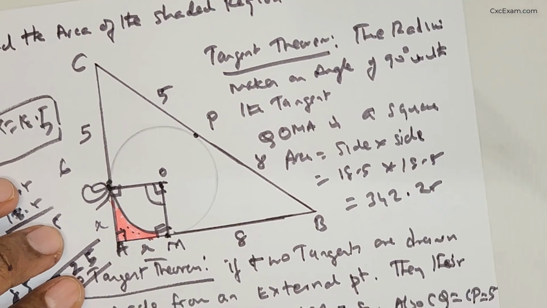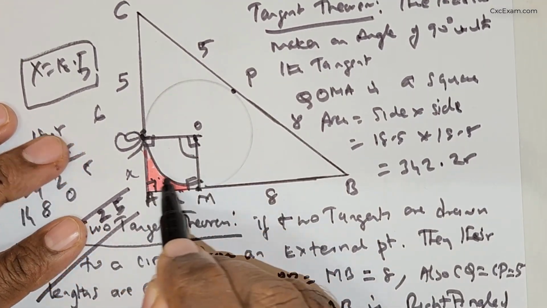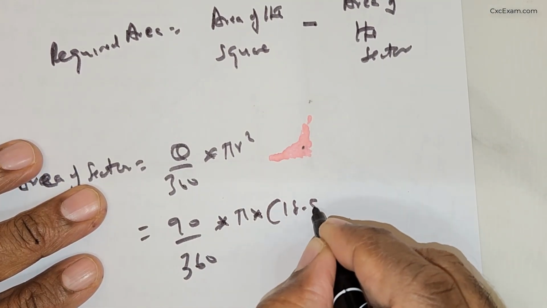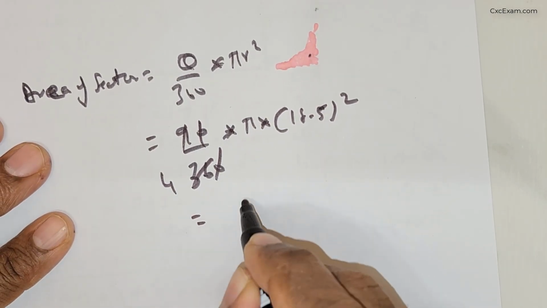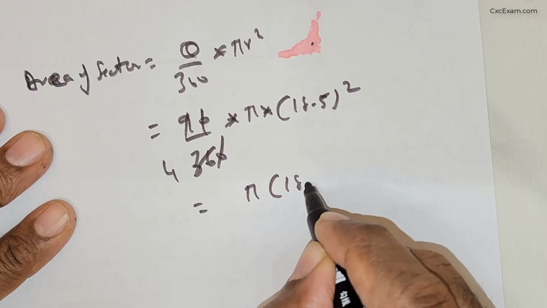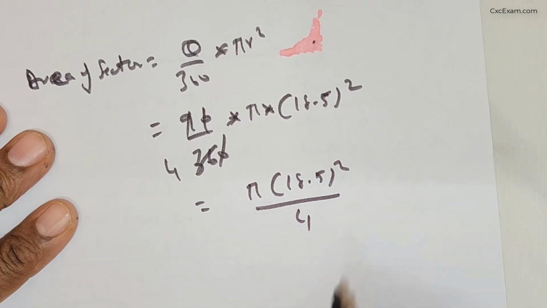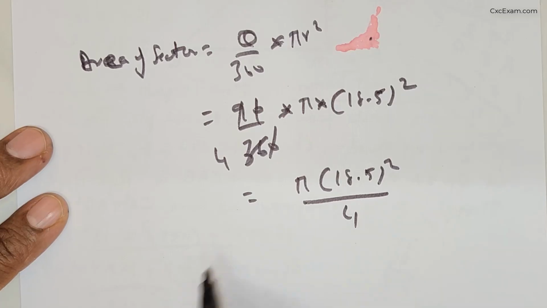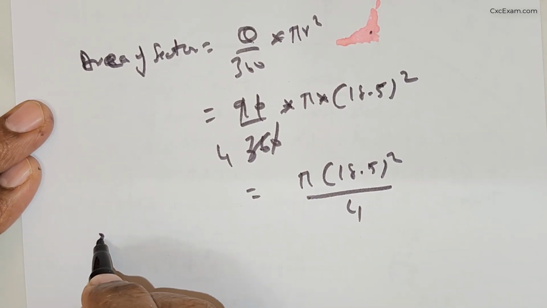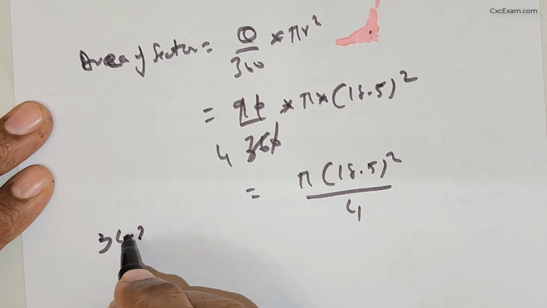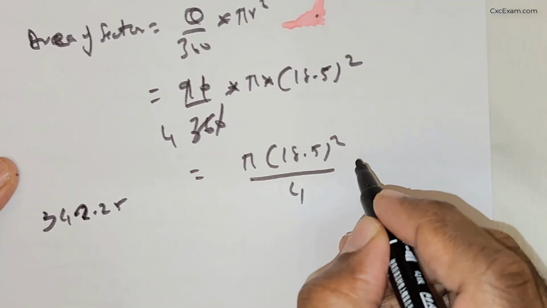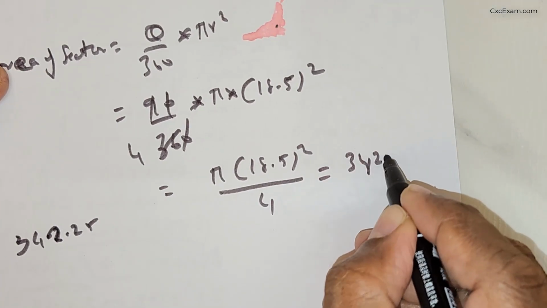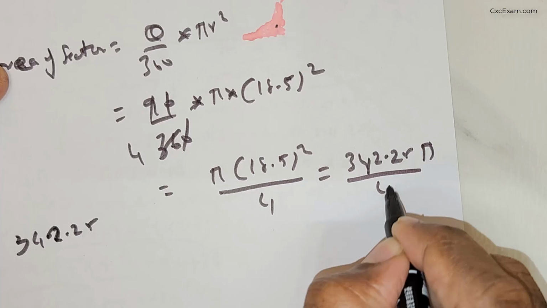What is r? The radius is x, 18.5. 90 divided by 360 is 1 over 4. So you have pi times 18.5 squared divided by 4. But 18.5 squared, we just got it, it's 342.25. So this is equal to 342.25 times pi divided by 4.